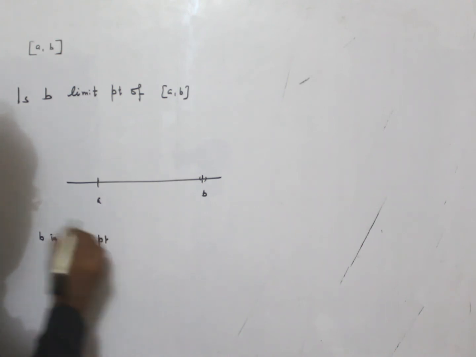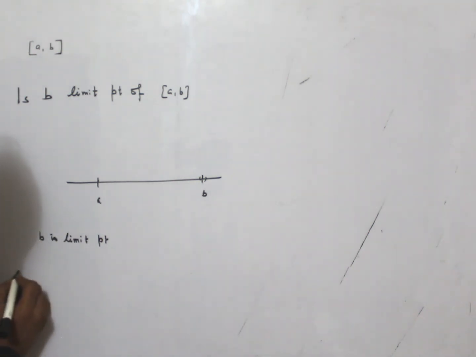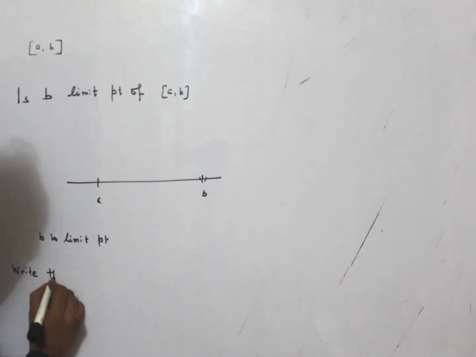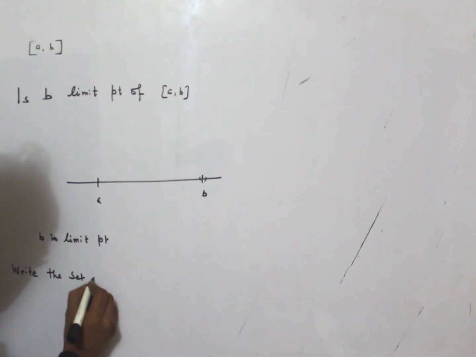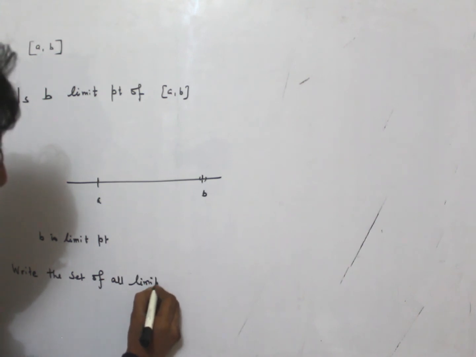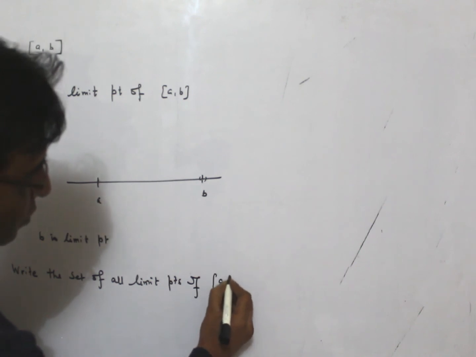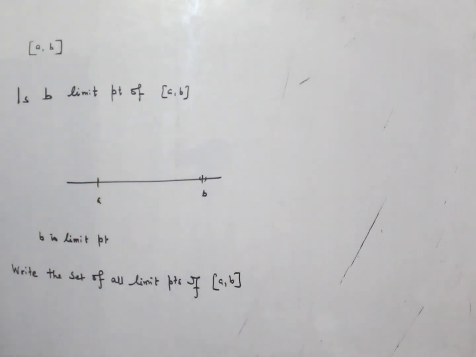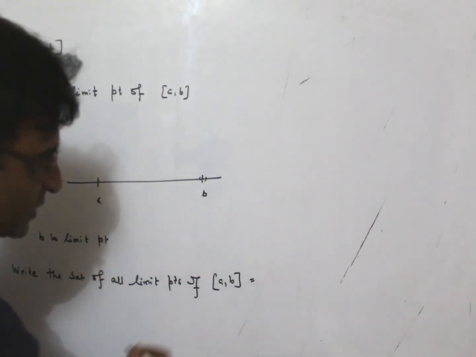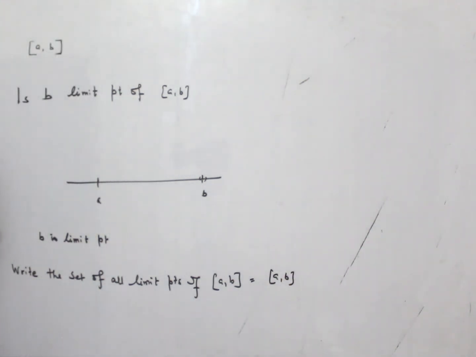If I ask the question, write the set of all limit points of the closed interval AB, then the answer is AB.